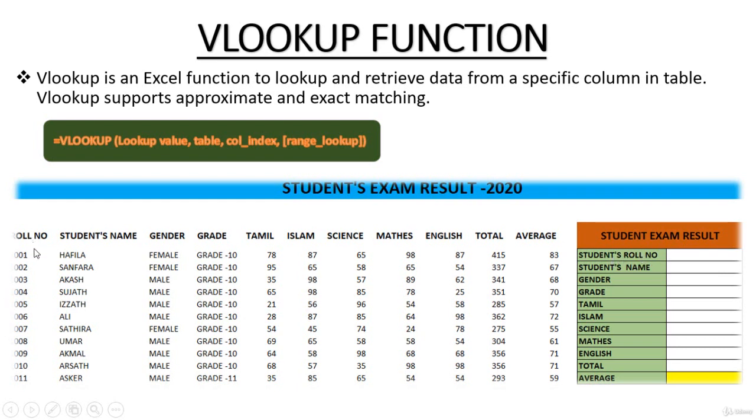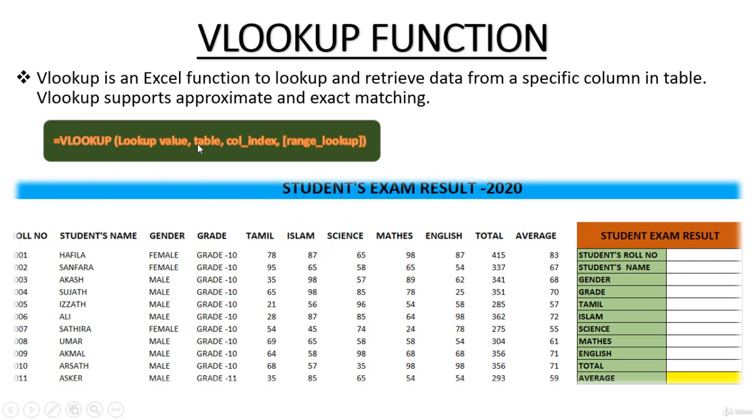You can see here the first column is roll number, second column is student name, the third column is gender, the fourth column is grade, and fifth, sixth, 7, 8, 9 are the student marks for each subject, then total, after that average. So this is the students' exam result 2020, and we are going to retrieve the data based on the student roll number. So the student roll number is the lookup value in this example.